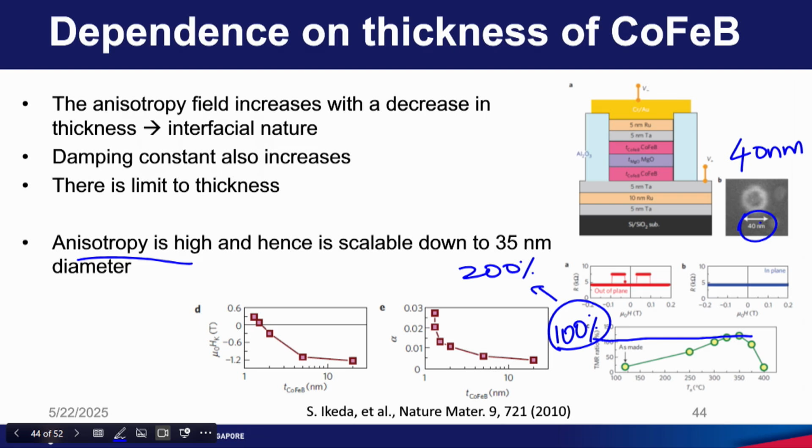From this study they showed that in plane MRAM can only be shrunk to 60 nanometer, but if you use this material, tantalum, cobalt iron boron, magnesium oxide, you can bring this down to around 40 nanometer. After this paper was published in 2010, many companies started making MRAM, and now it's a product.